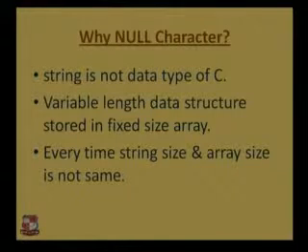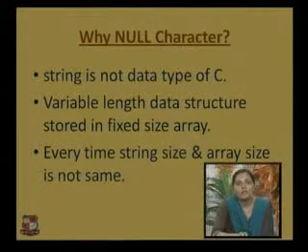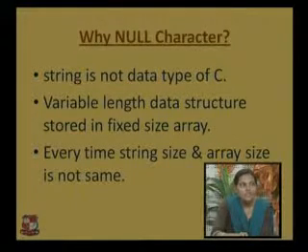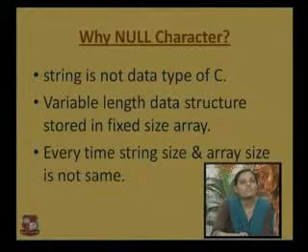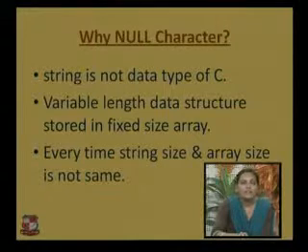Up to this point we have seen that the null character is represented as the end of the string, and the compiler automatically takes the null character. But why do we require this null character? That is the most important question. A string, as I have said, is not a data type of C. It is actually a variable-length data structure stored in a fixed-size array.